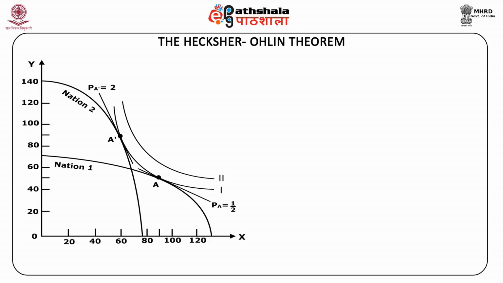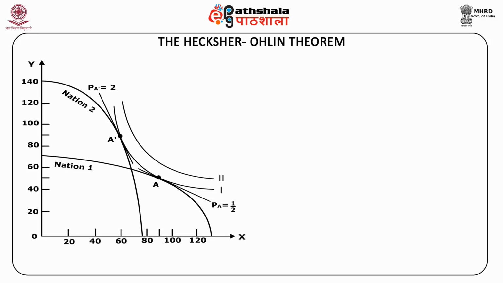The PPF for Nation 2 is skewed towards commodity Y, which is the labor-intensive commodity, and the PPF for Nation 1 is skewed towards commodity X. Since tastes are assumed to be the same in both nations, the preferences of consumers can be represented by a single IC. The same IC1 is tangent to the PPF of both nations at point A and point A' respectively.